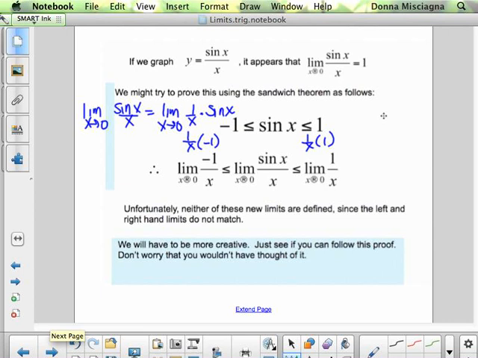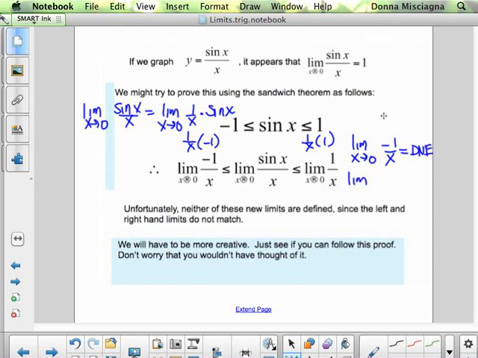Now the problem is that when we've used the squeeze theorem or sandwich theorem, we've been able to plug in to the other two functions. However, the limit as x approaches 0 of -1 over x does not exist.